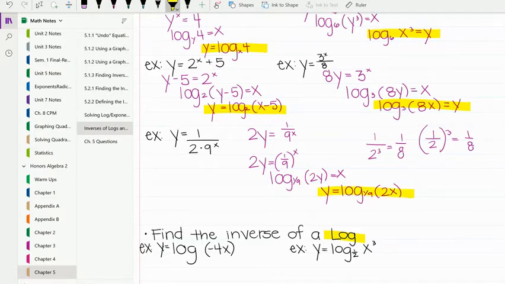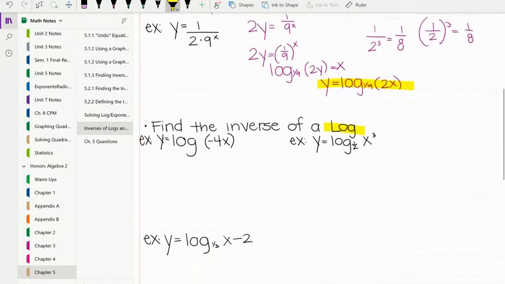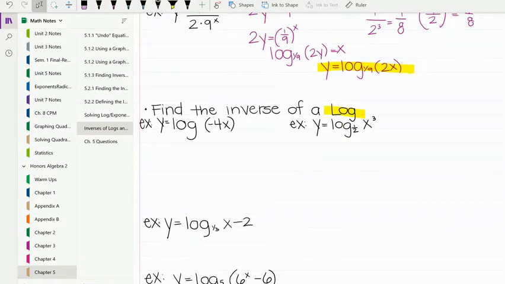Okay, so now we are going to do the opposite. So we are starting with logs, and we want to go to an exponential, obviously, because we're finding the inverse. So for these, kind of the same idea, right? You want to isolate, so it's in that nice parent function form, and then you want to rewrite it as an exponential.